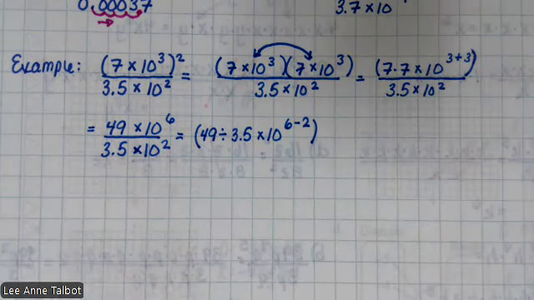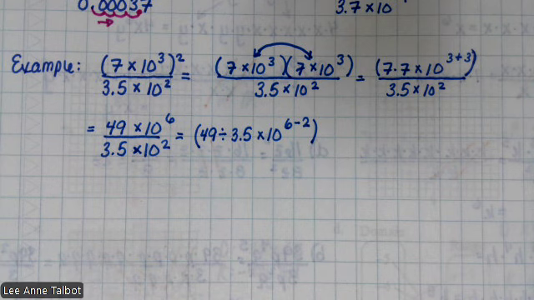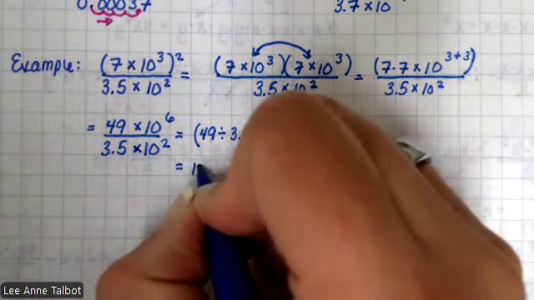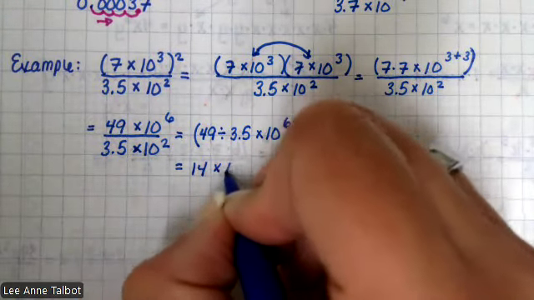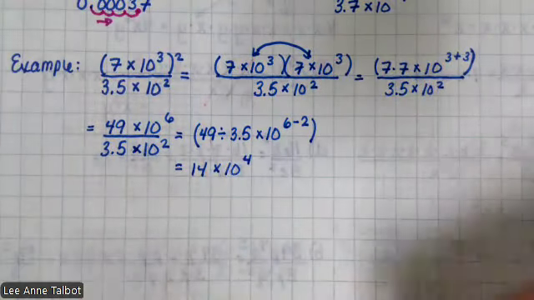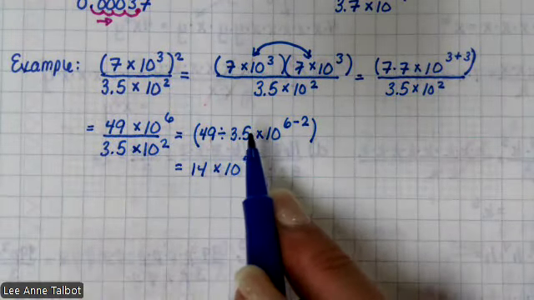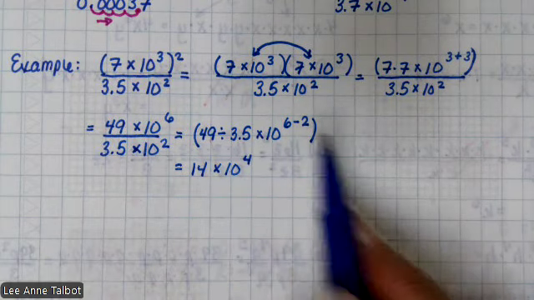Okay, you guys, tell me from your calculator, what's 49 divided by 3.5? 14, perfect. So I did 49 divided by 3.5 is 14, and then subtract the exponents.